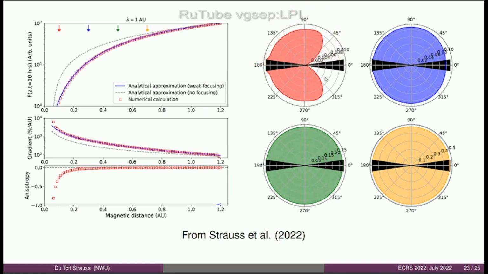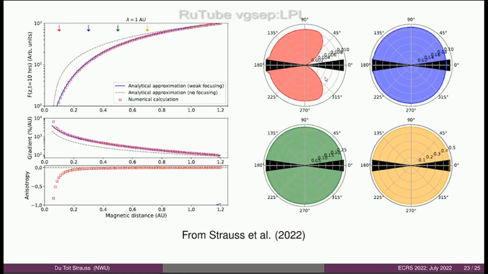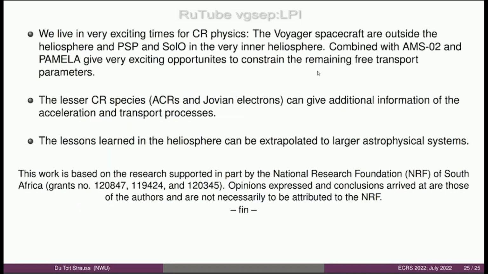The red distribution changes from that little beamed distribution to something that looks much more isotropic, and we are yet to look at all the parameter space. So there are still some uncertainties in the transport. But with the new observations very close to the sun, we can actually do this for the first time and test if our Parker transport equation is valid everywhere in the heliosphere.